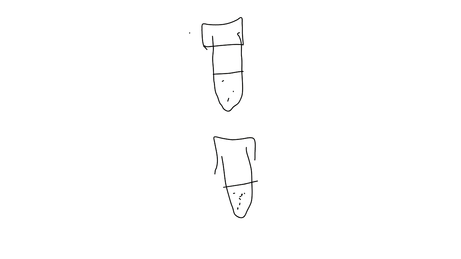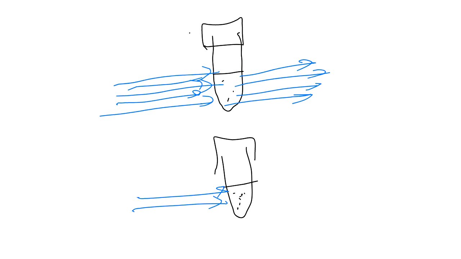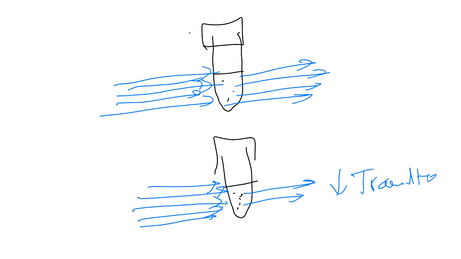Both are shined with the same amount of light. But the one that has more bacteria will have a lower transmittance. This one will have higher transmittance. So measuring transmittance of a culture sample will give you an idea of how much bacteria, how cloudy a sample is.